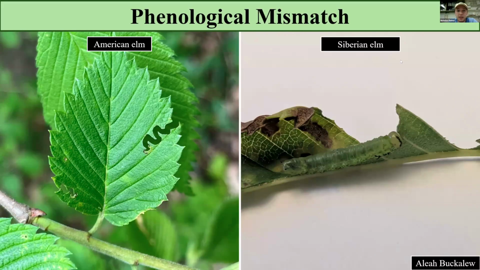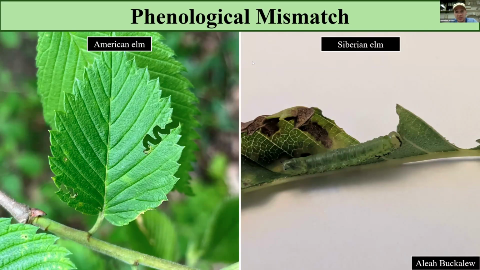We can see two larvae in these pictures, taken within a couple days of each other. On American elm, the larvae are very, very small. I would use the width between the veins as a guide of how much bigger the larva on the right is.